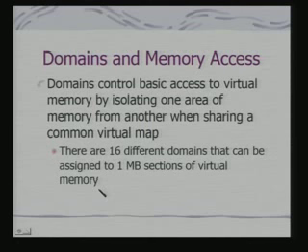So, domains actually define different kinds of access permissions. You can have a region, which we call a 1 MB section, defined by the master page table. Using these 1 MB sections, you can associate different kinds of access permissions, and based on these access permissions, the actual accesses will be permitted.